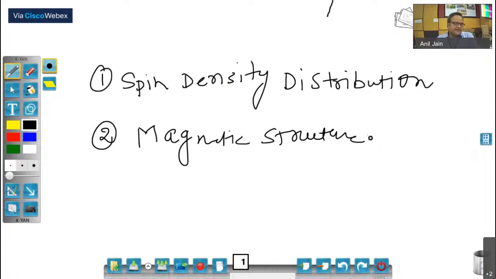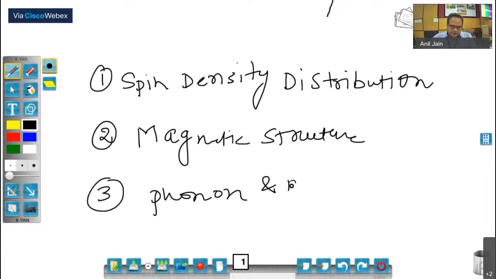It means you can separate the magnon in your excitation spectra from the phonon: phonon and magnon separation. These are the major things you can do by using polarized neutrons.